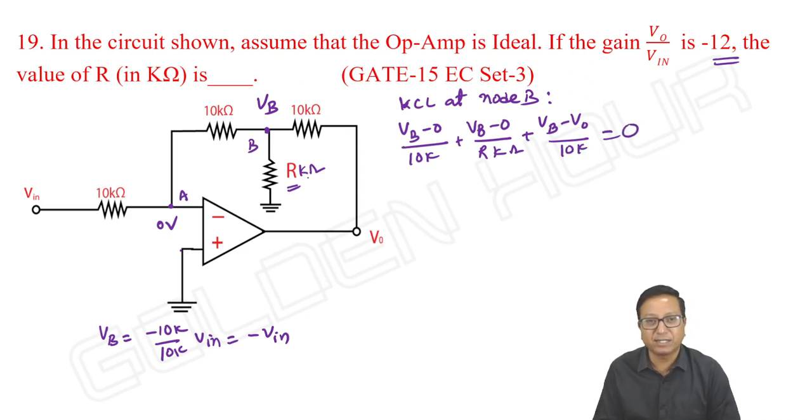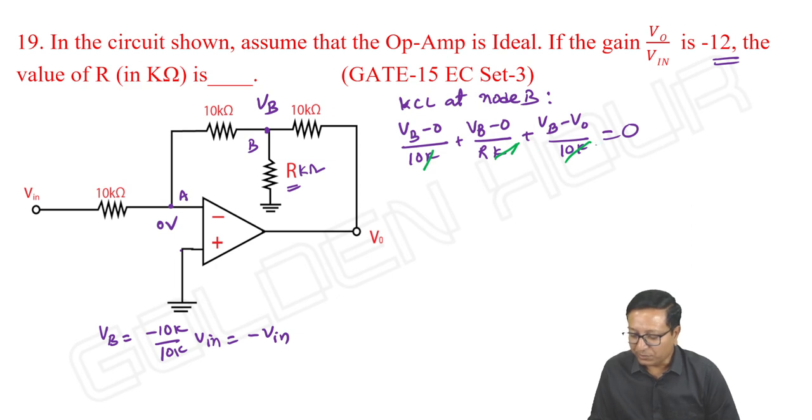I am writing R kilo ohms so that I can comfortably cancel K. Okay. Next, VB by 10 plus VB by 10 is VB by 5. VB by 5 plus VB by R is equal to V output by 10.